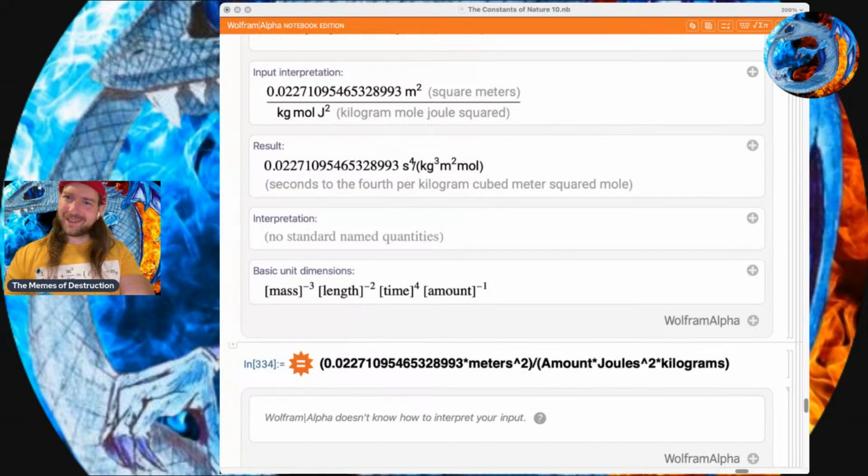Mass, length, amount, angle. Ooh. Kilograms. I just did the molar mass. Why is it saying there's only one S there? Why?